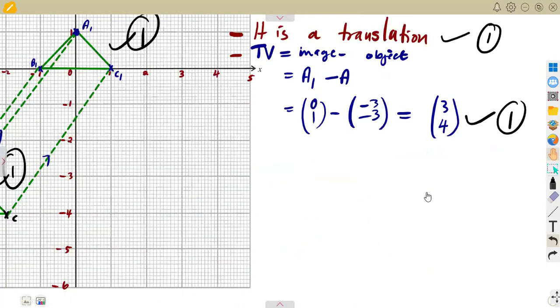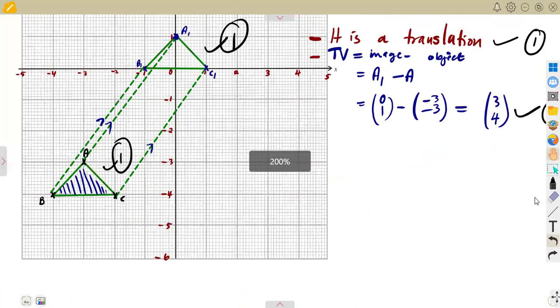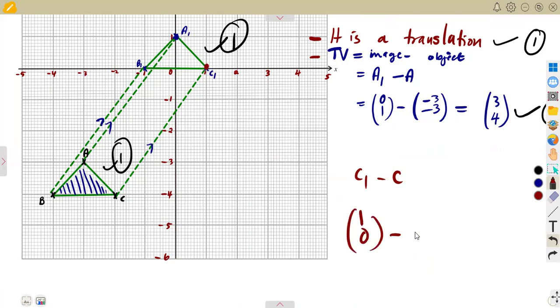You can use any combination. Let's just prove with one, last one, C1 minus C. C1, it was 1, 0, minus C, it was minus 2, minus 4. 1 minus minus 2, that's 1 plus 2, which is 3. That's a 0 there, minus minus 4, that's a plus 4. 3, 4.